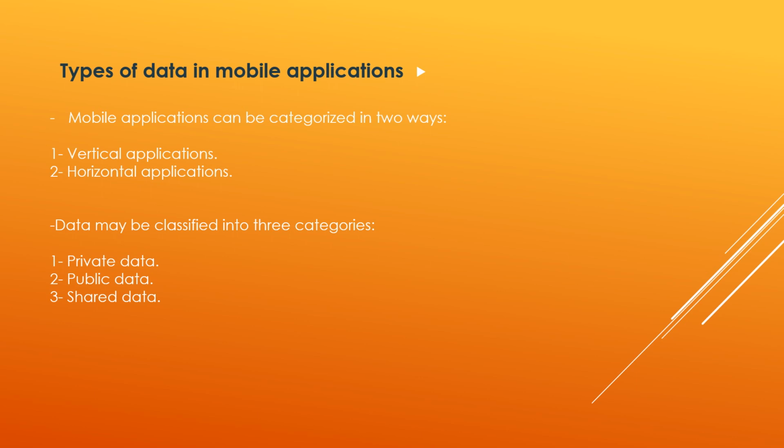Examples include weather, positions, or stock prices. The third one is shared data. This data is accessed in both read and write modes by groups of users. Examples include inventory data for products in a company.